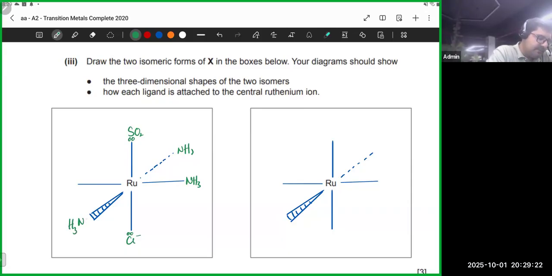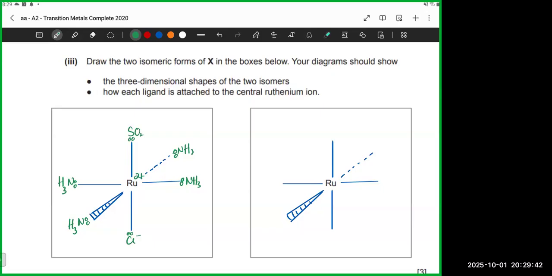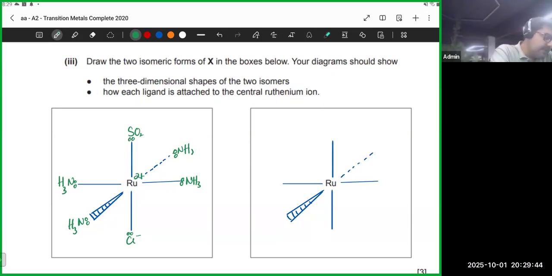Again, you have to show the N datively bonding to the Ru2+ that's in the middle. And this is Ru2+, right? To be clear, is this clear? This is how it's going to look. Isaac, Qasim, Ibrahim, is this clear? Yes, sir. So what's the other isomeric form?